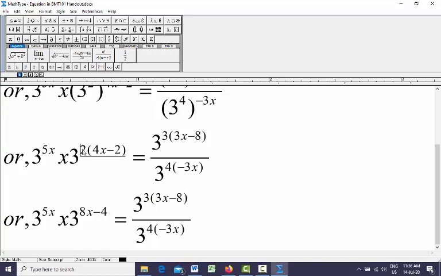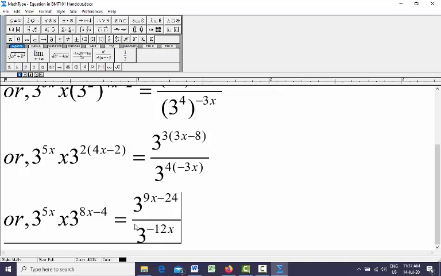So here if you multiply 4x minus 2 by 2, you will get 8x minus 4. And similarly here what we will get, 9x minus 24, and here what we will get, minus 12x. So we will get it like that.